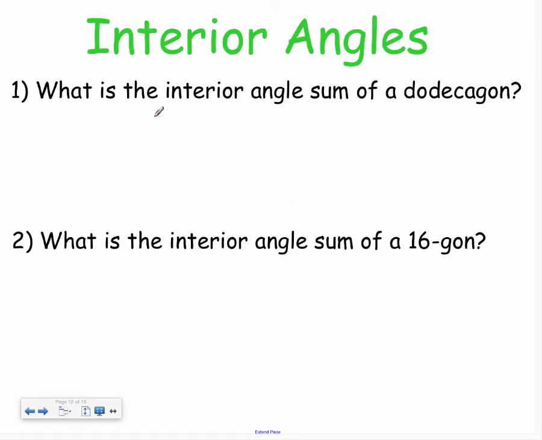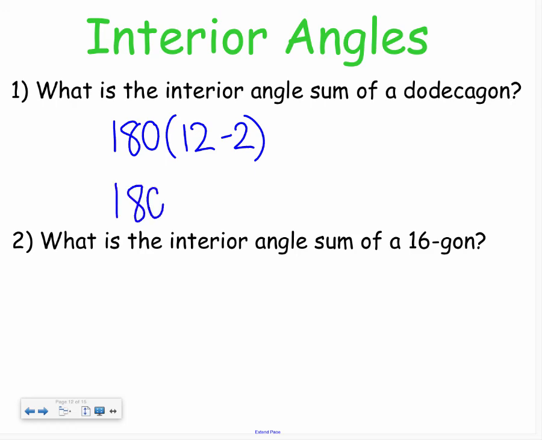So if we have, for example, a dodecagon, meaning that we have 12 sides, using the formula, we would take 180 times 12 minus 2. 12 minus 2 gives us 10. 180 times 10 gives us 1,800 degrees on the inside of a dodecagon.